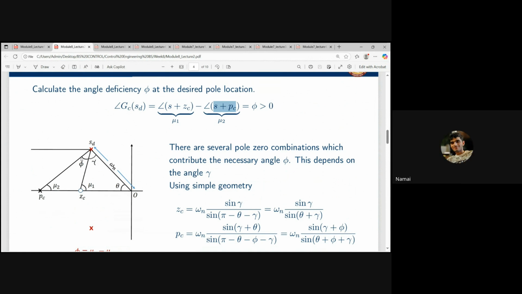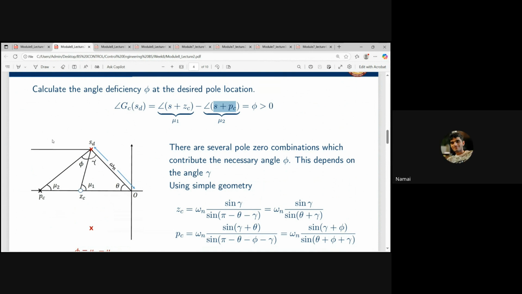You're choosing PC and ZC so that the angle difference in this diagram turns out to be phi. But there are lots of ZC and PC possible. So that depends on alpha, right?